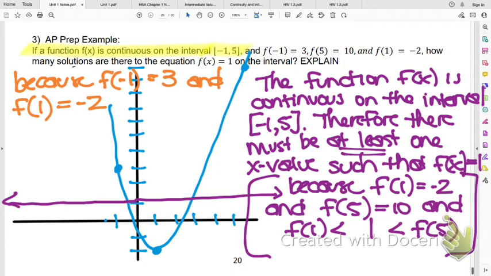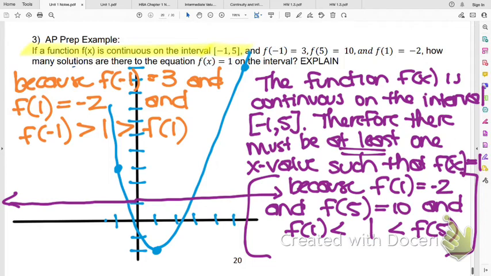Okay? So I would have to say, you can either flip the signs. So you can either say f of negative 1 is greater than 1, which is greater than f of 1. So I could write it that way and flip my signs. Because that's saying my y value for negative 1 is larger than 1, which is larger than my y value for positive 1.